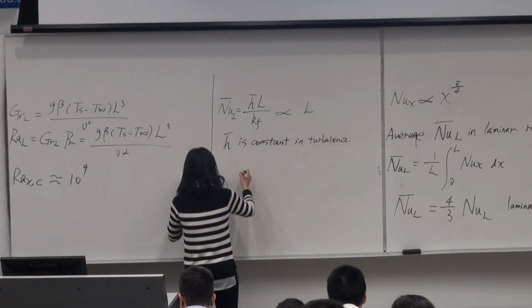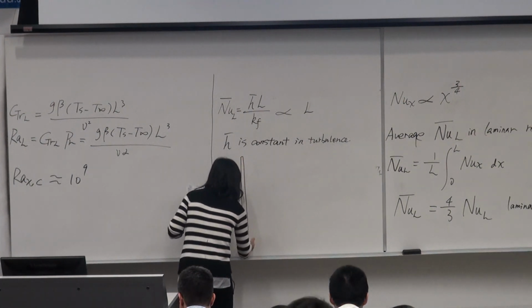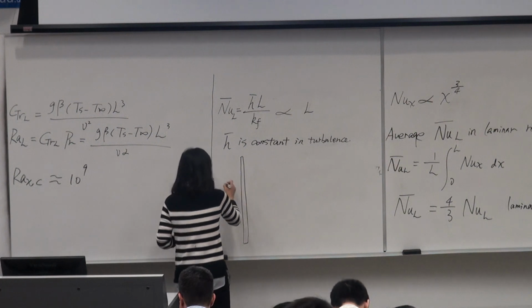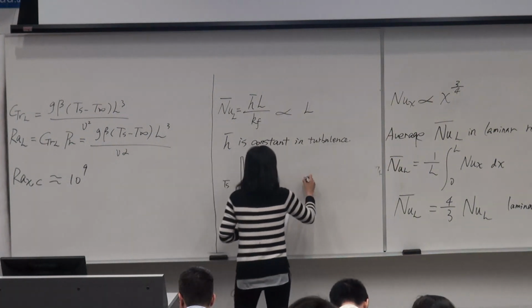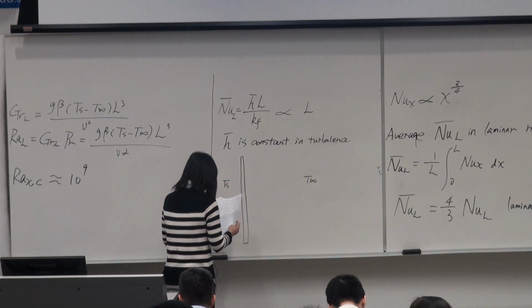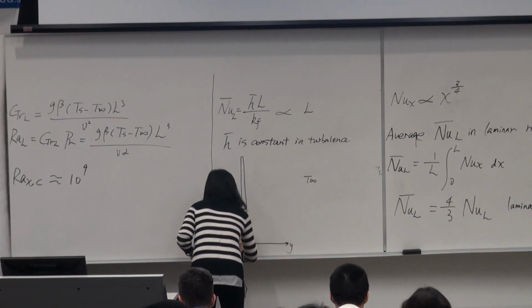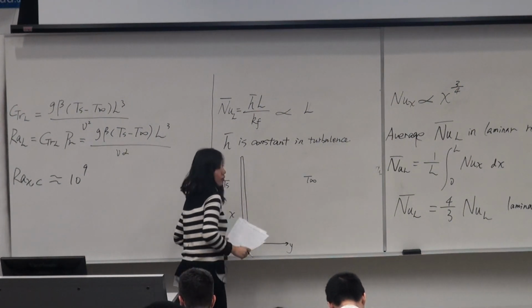Look at, let's see, this is a vertical plate at a higher temperature than that of the stationary air surrounding. And let's give it y here, and this is x.